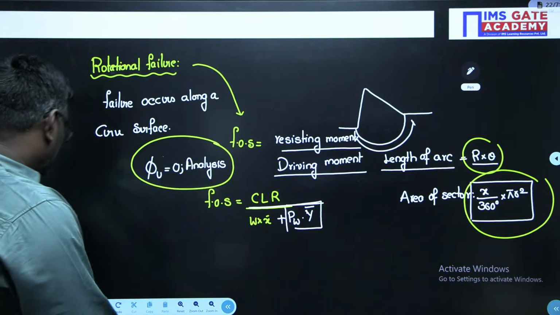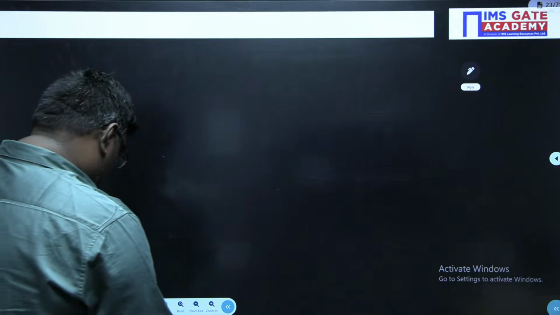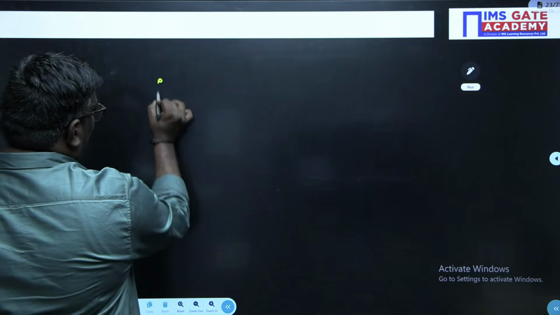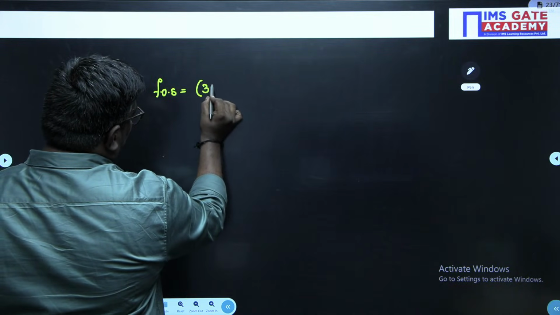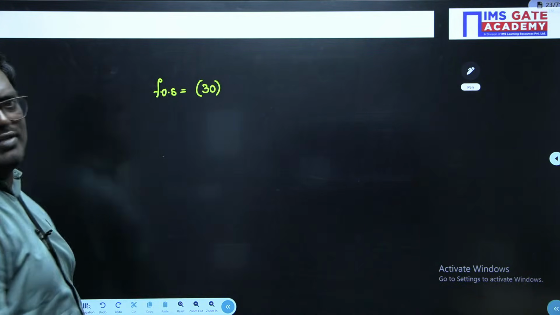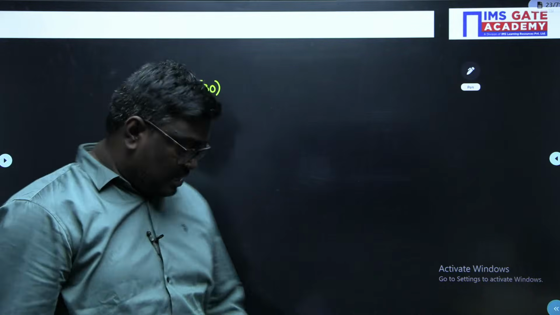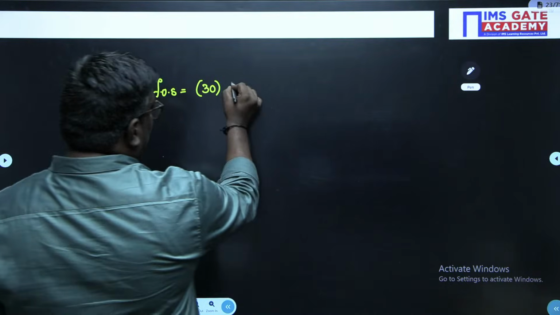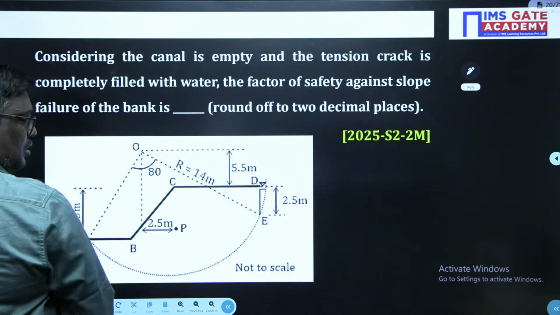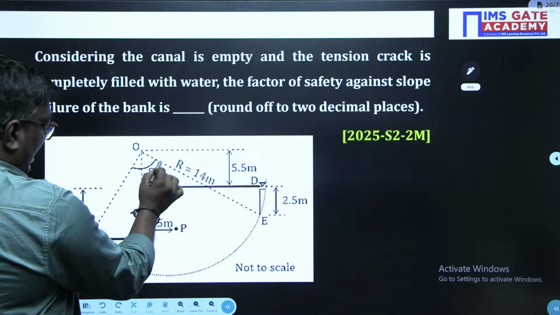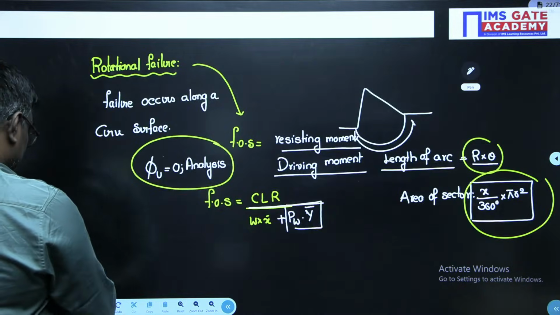Now, in this problem, the cohesion is given as 30. The length of the arc is nothing but r theta. The radius is given as 14 and the angle is given as 80 degrees.